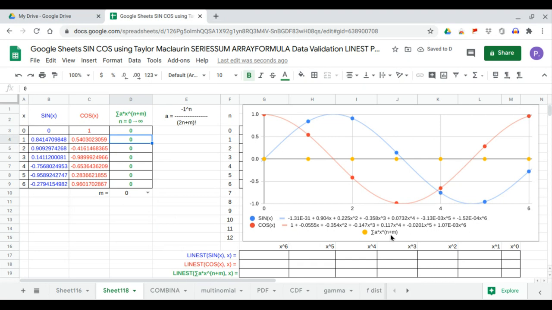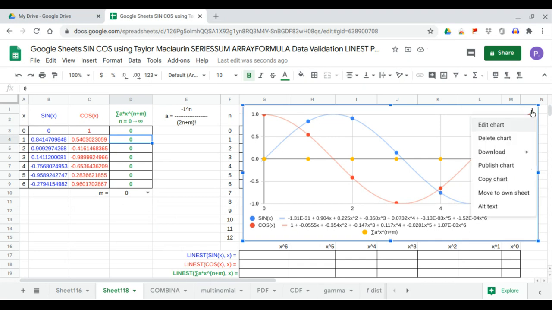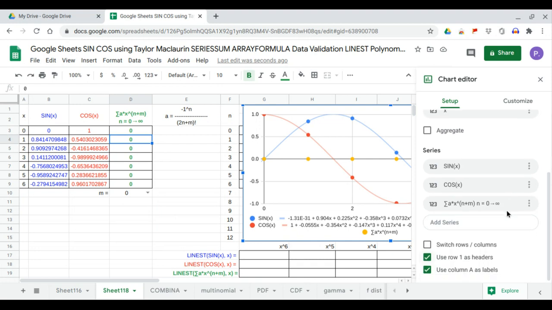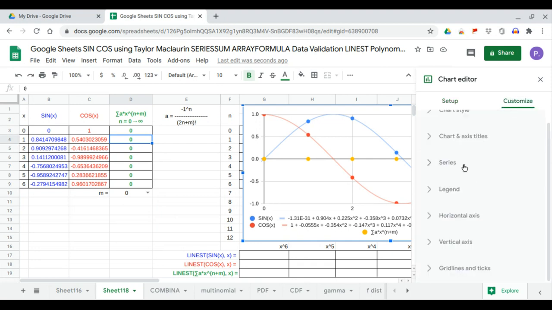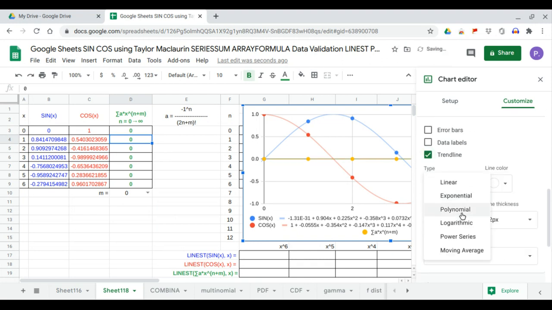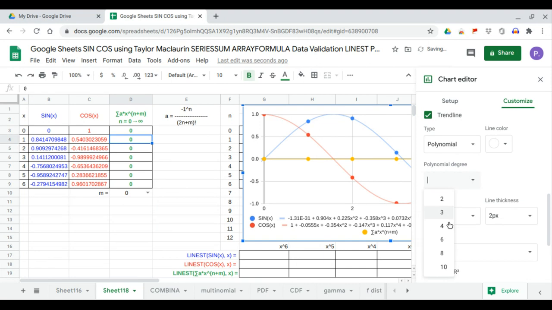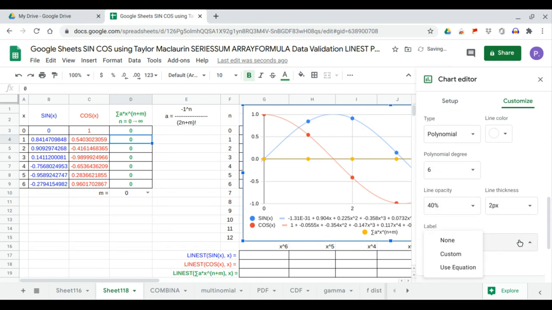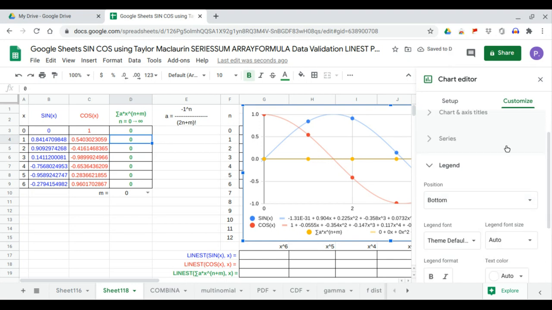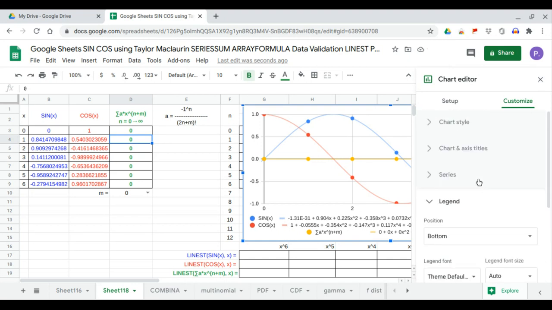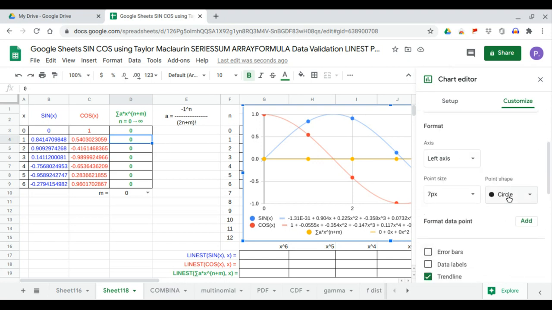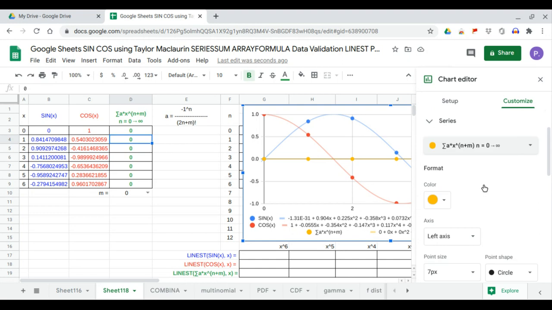And we'll make sure that we can see the trend line of the third, the expansion. Series trend line polynomial to the 6th degree, show the equation. And our legend, there at the bottom. Now we go back to the series to change the color of the third one.